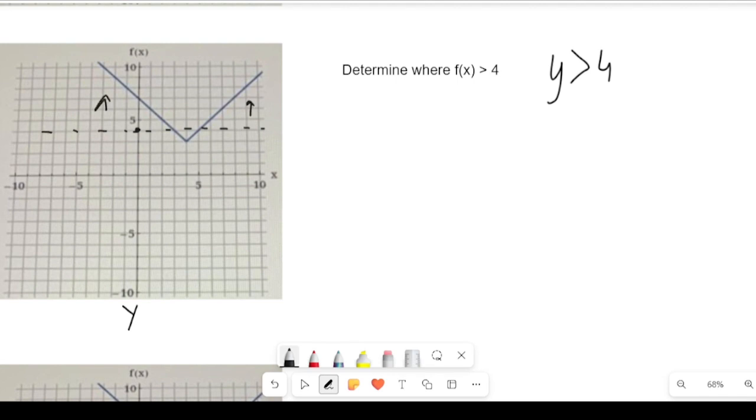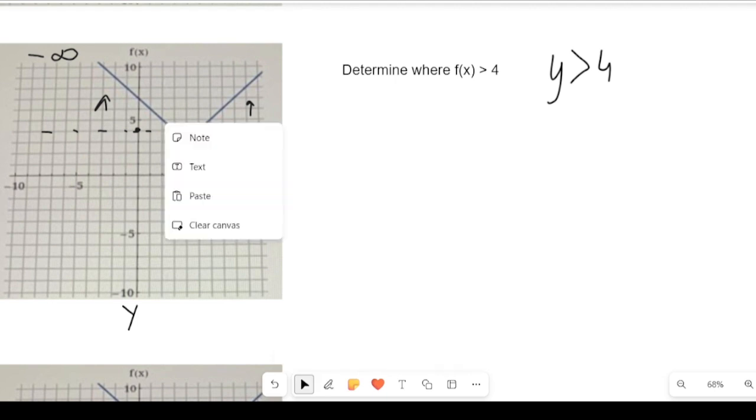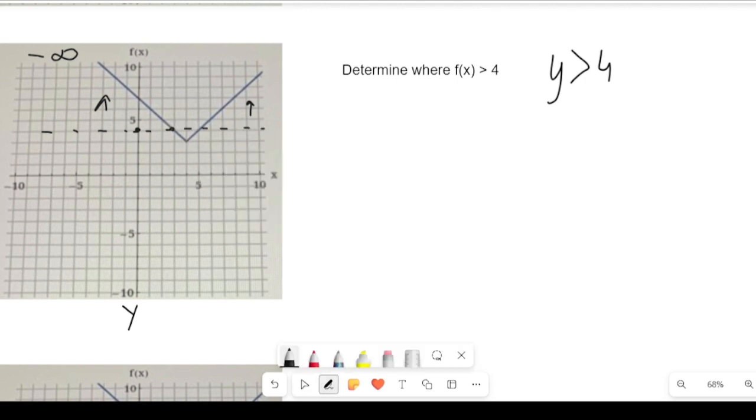So let's start with the left hand side. We can see our x is coming from negative infinity. We'll stop here. At this point, our x is 3 and our y is 4.